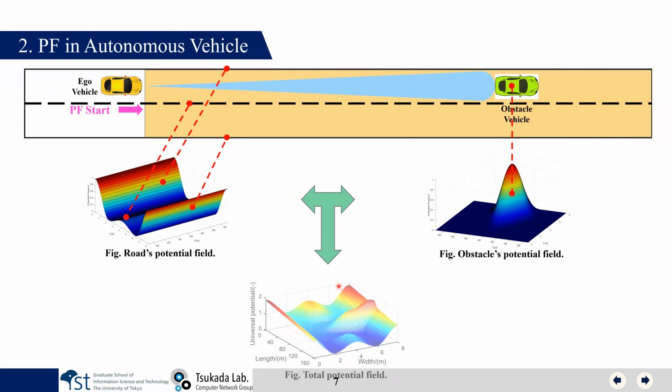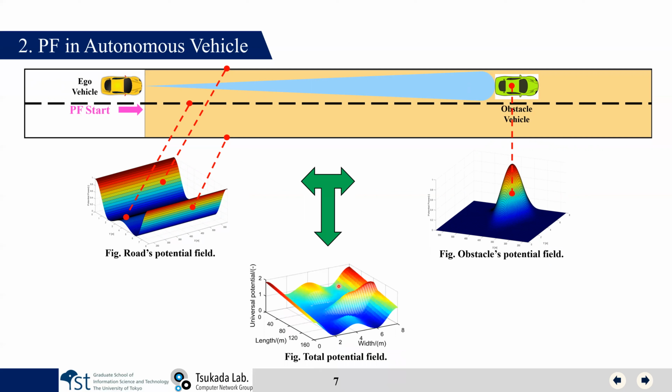By summing these potential fields, we can get the so-called total potential field, and then we directly apply the gradient descent method to find the local path. You can see here the path from the start point to the target point.